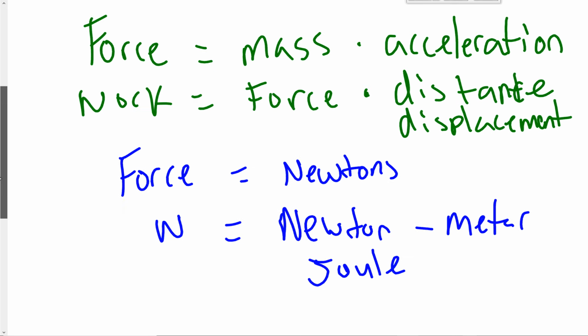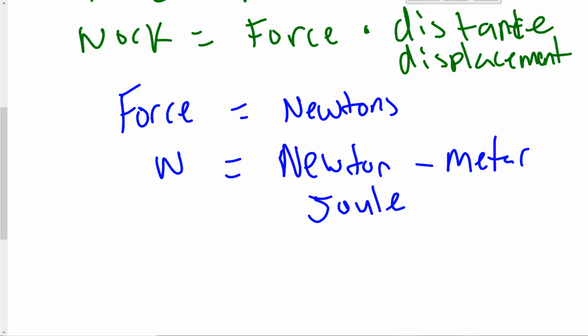The other way of measuring it: instead of force in newtons, it's mass times acceleration. Usually for a falling object, we have our mass times acceleration, which is a constant, 9.8 meters per second squared.